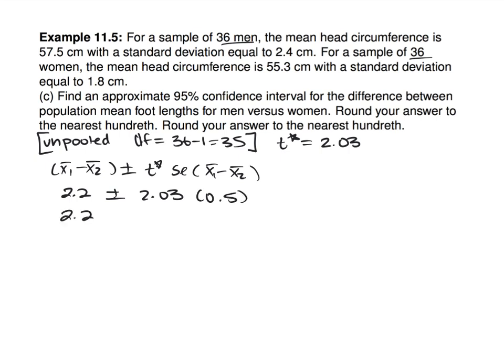So that's 2.2 plus or minus, roughly speaking, 1.015 exactly. And that is 2.2 minus 1.015, which is 1.185, to 3.215.